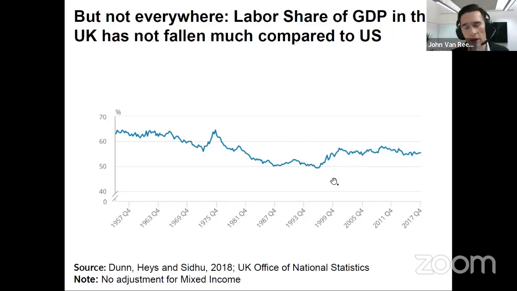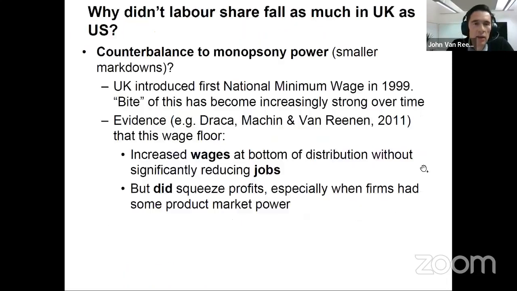So you might say, well, what's going on here? What could be the factors, since I showed you that the superstar firms have been growing everywhere? Why is it that some countries like the UK have mitigated these forces? I think one argument for why that is, is that there have been some counterbalances to firms' power, particularly the monopoly power.